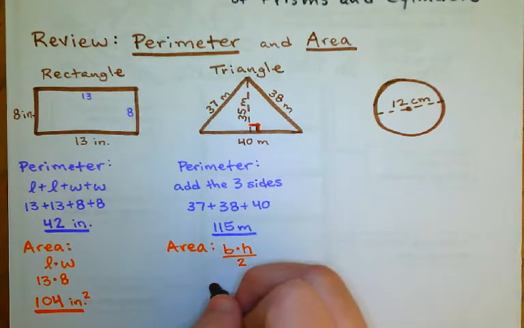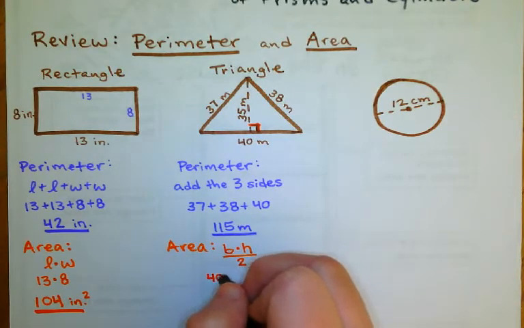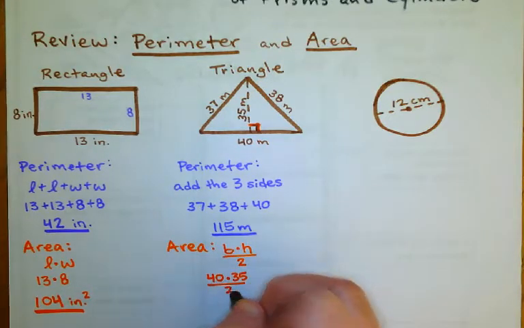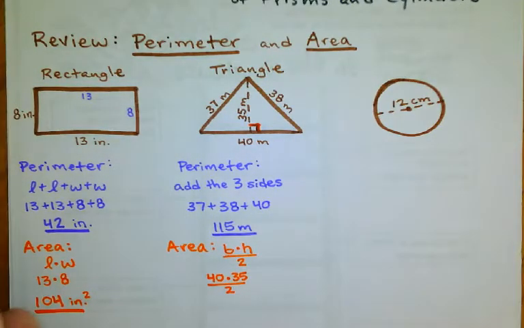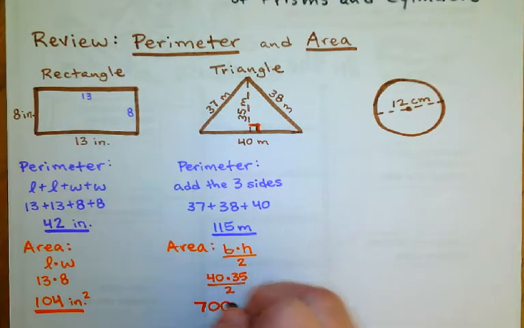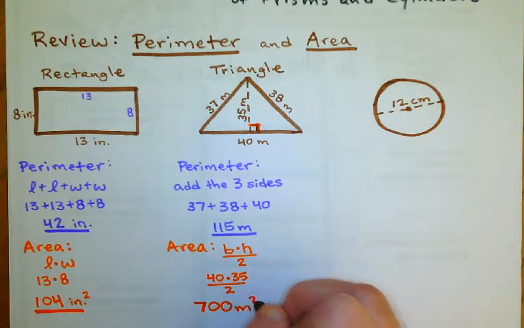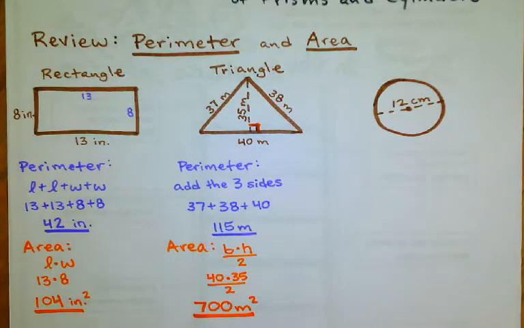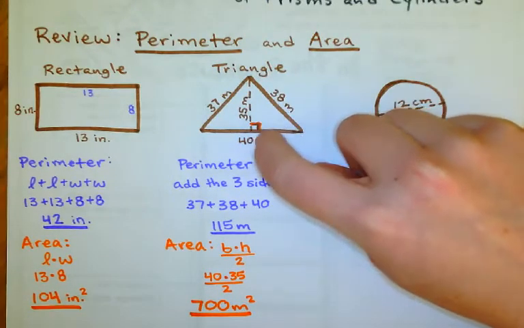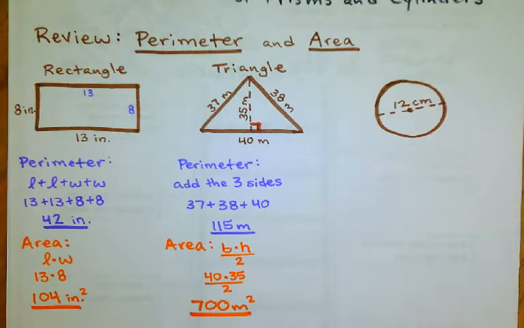So here our base is 40, our height is 35, and then we're going to divide that by 2. So 40 times 35 divided by 2 is going to give us 700 meters squared. Alright? I want you guys to remember the height of your triangle is always going to have a 90-degree angle with your base.